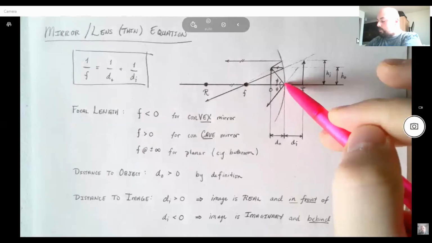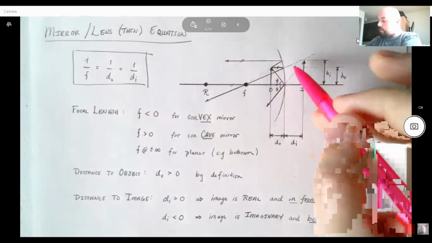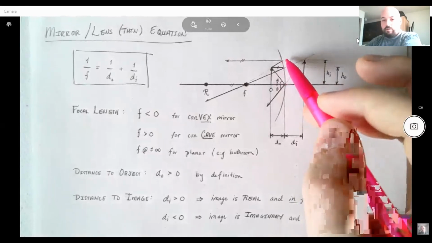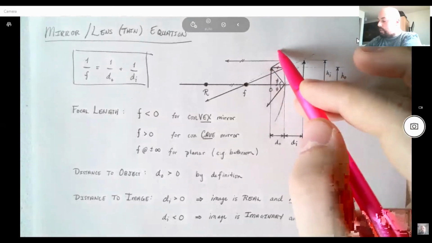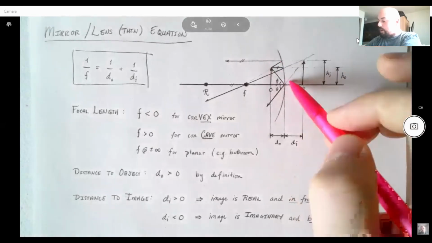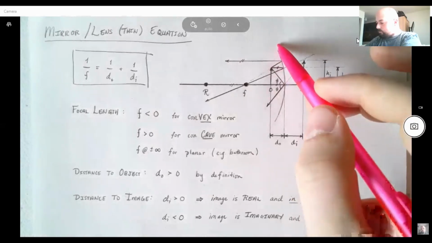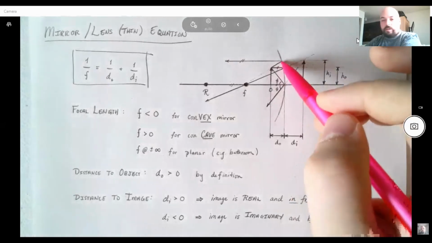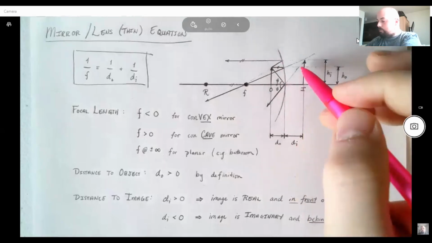of the mirror. Just as a reminder, the normal is the perpendicular direction to the tangent of the surface itself. So the tangent, again, is essentially the line that is parallel to the surface at a given point along that surface itself.